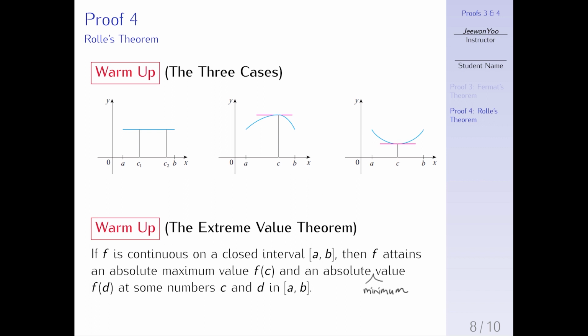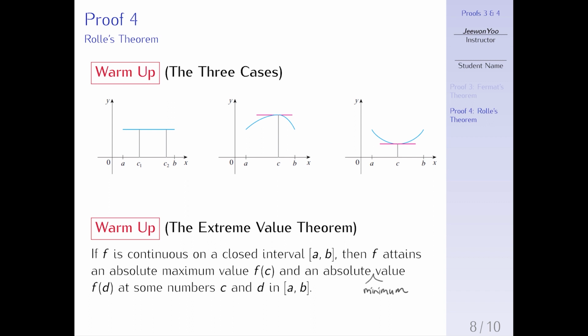Let's take a look at the extreme value theorem first. If f is continuous on a closed interval a to b, then f has an absolute maximum value f of c and an absolute minimum value f of d at some numbers c and d in a to b.